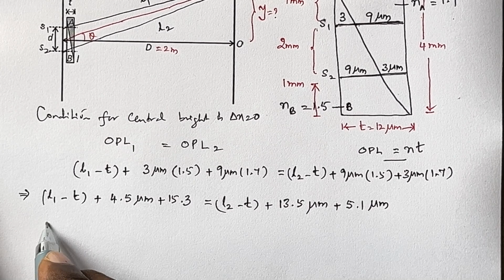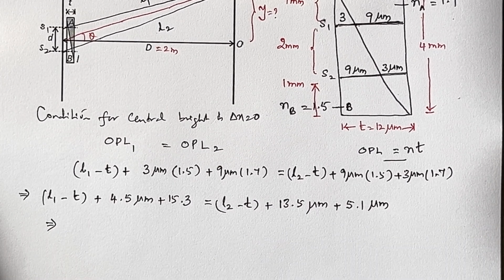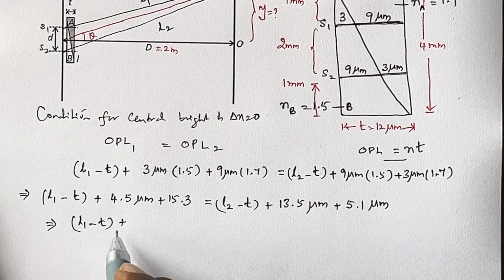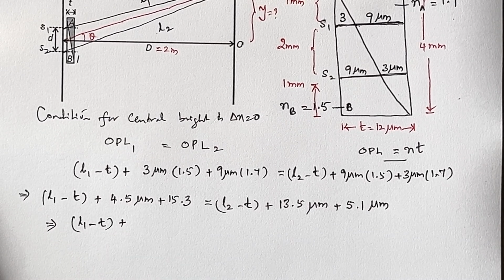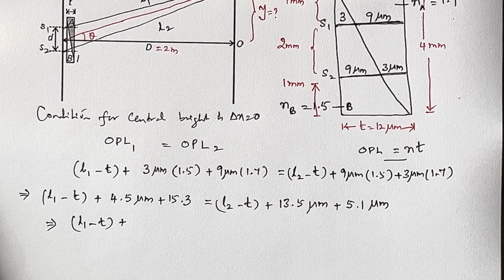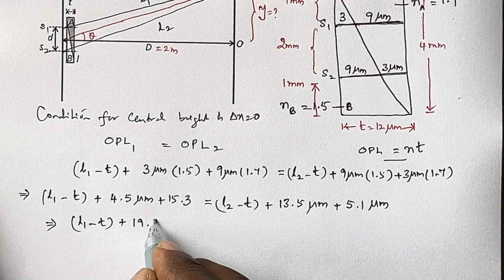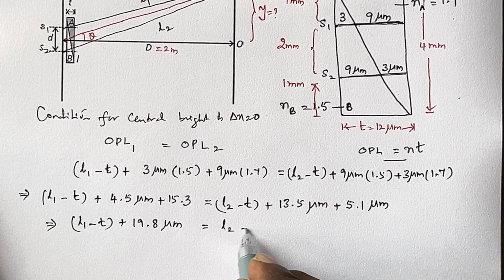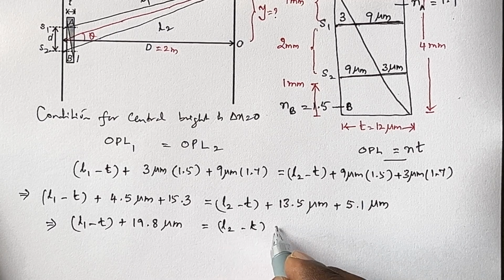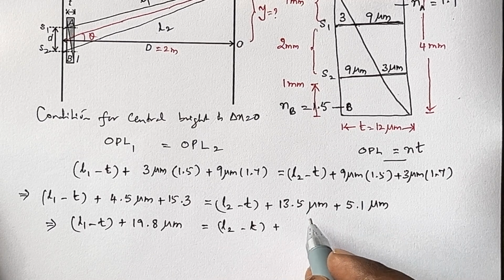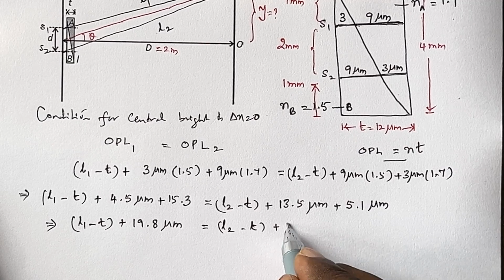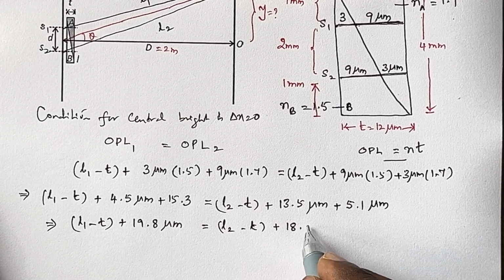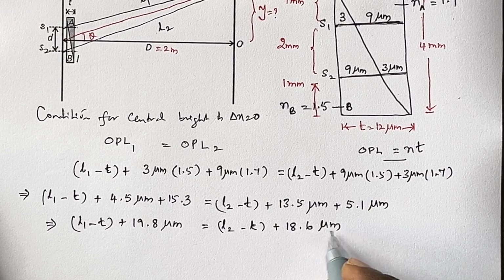That implies L1 minus T plus 15.3 plus 4.5, 19.8 micrometer, is equal to L2 minus T plus 13.5 plus 5.1, 18.6 micrometer.